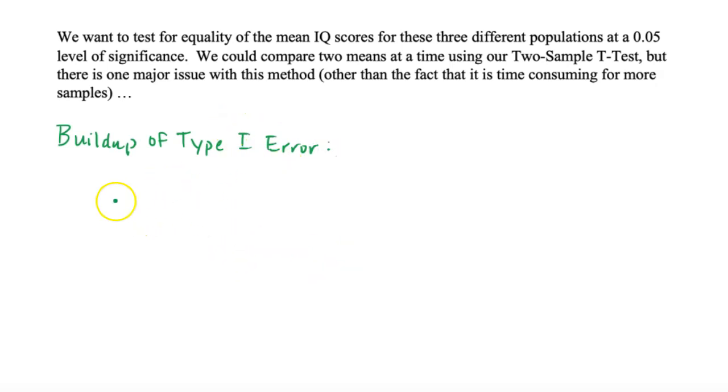Let's remember that a type 1 error is what happens when we reject a true null hypothesis. And we know that our level of significance alpha is just the probability of a type 1 error. I know that probability and confidence level are related.